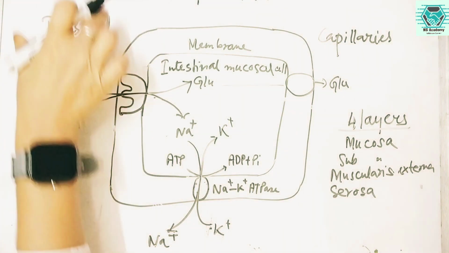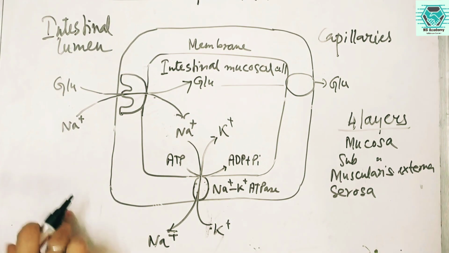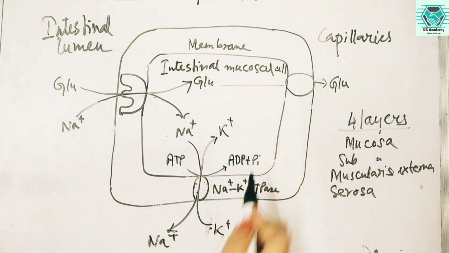So this is the lumen, and these are the cells; I have drawn only one cell, but there is a lining of cells and all are columnar in nature. In the lumen, the concentration of Na+ is higher than in the cell. Na+ therefore moves into the cells along its concentration gradient, and simultaneously glucose is transported into the intestinal cells, mediated by the same carrier system.